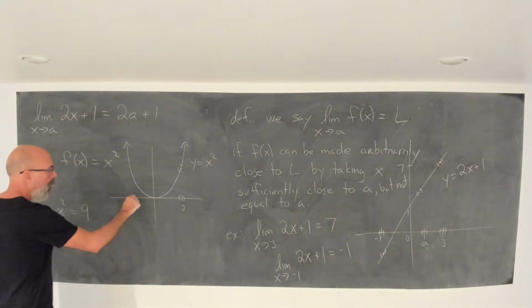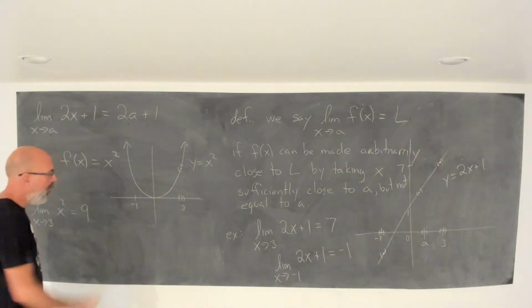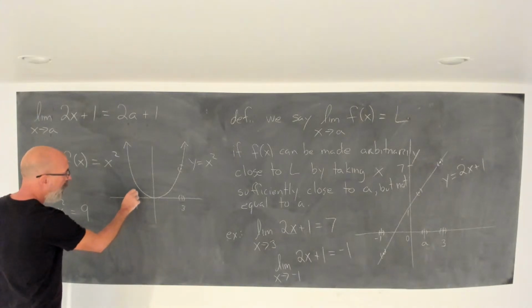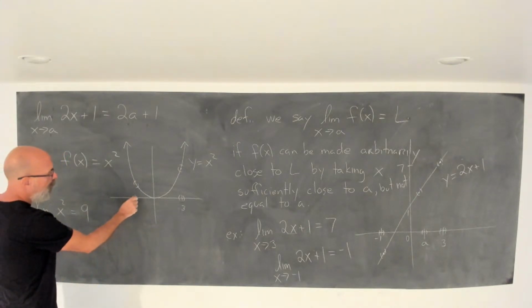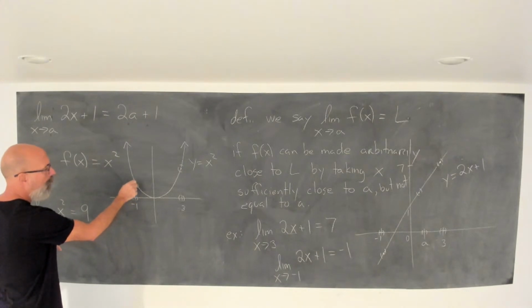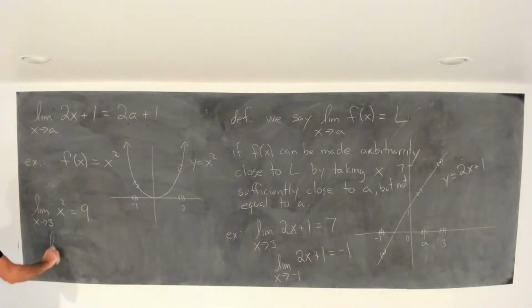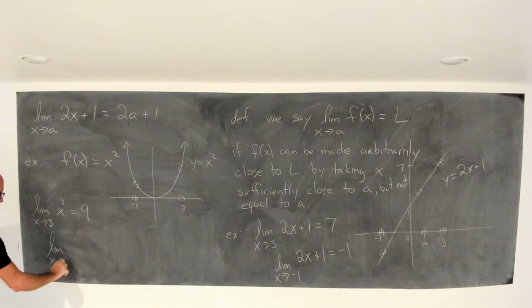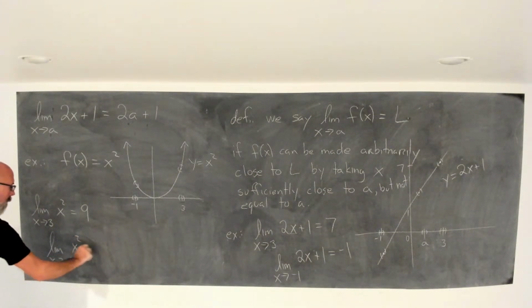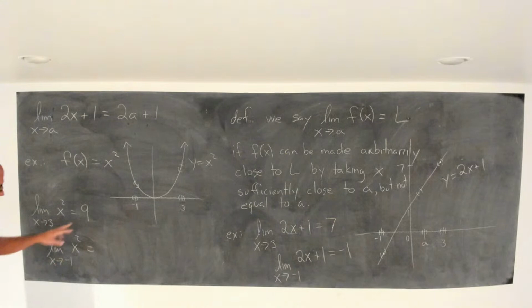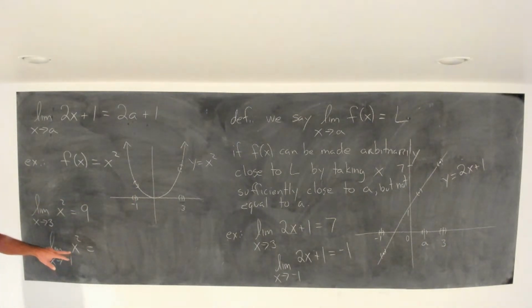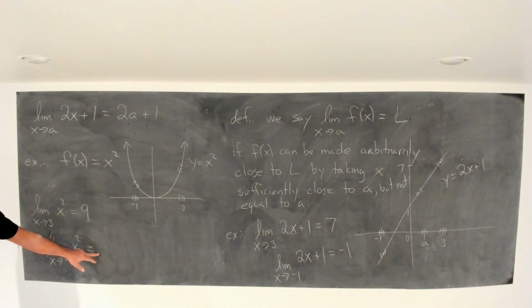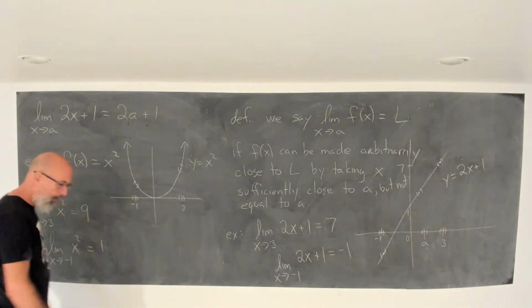If you take values close to -1, right? What is the limit as x goes to -1? Values close to -1 get mapped to values that are close to +1.